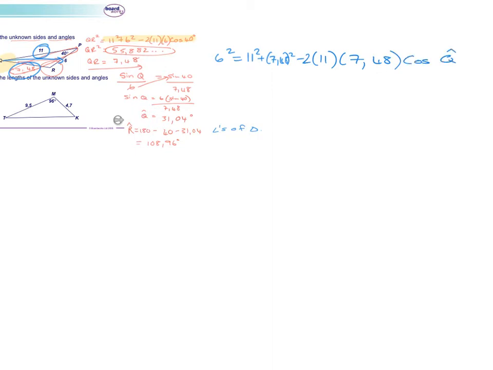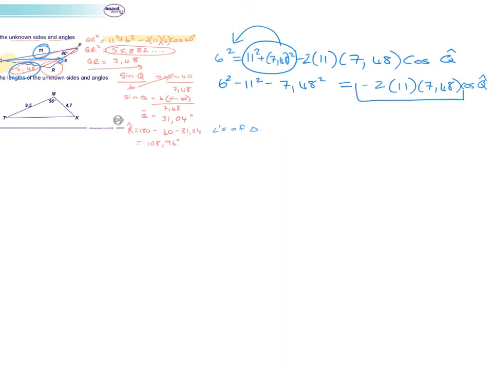So then now I would take all of this over, so it would be 6 squared minus 11 squared minus 7,48 squared is equal to negative 2 times 11 times 7,48 cos of angle Q. This whole piece is being multiplied, so we can divide it on the other side and get rid of it over here.